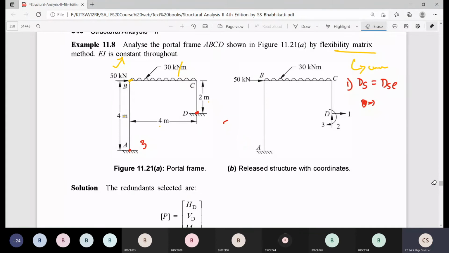If you release them, the structure should be a stable structure. After we release, the structure should remain stable, so we must release accordingly. Okay, so first I want to release the horizontal force. The horizontal reaction acts in this direction, so I release it by applying a force in the opposite direction. Next I want to release the vertical reaction. After that I want to release the moment reaction.